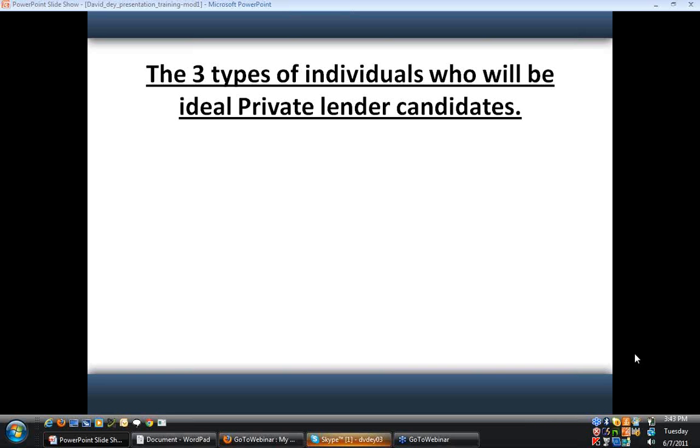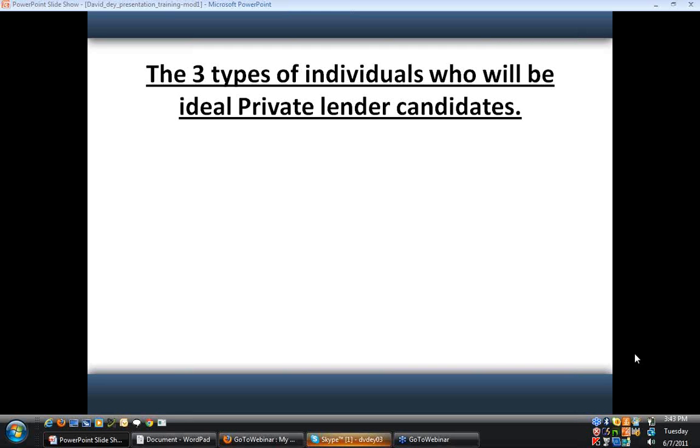Those are the type of people that will give you the money for 30 years with no balloon and stuff like that. And we will talk about both public lenders and pocket lenders. Pocket lenders are great for the long term, but public lenders will actually help you get deals done immediately. And that's what's so powerful about them. So you're going to have both, and we will talk about that.